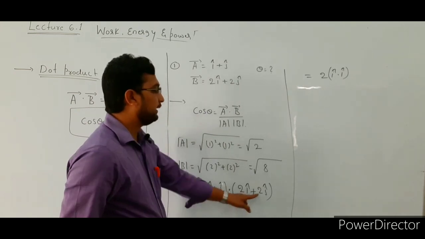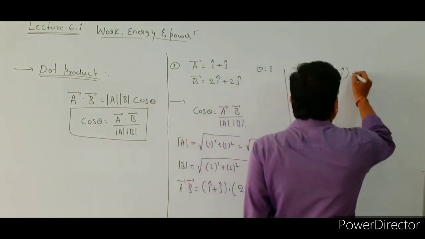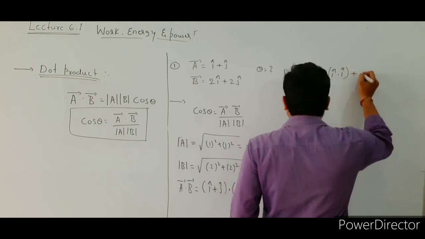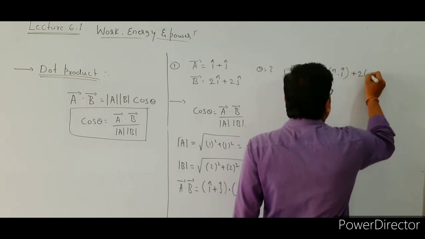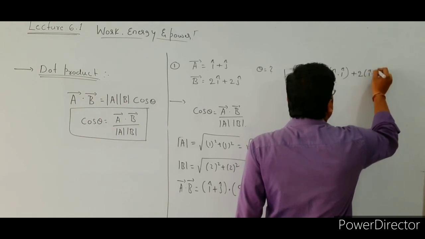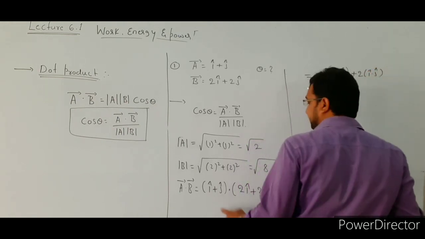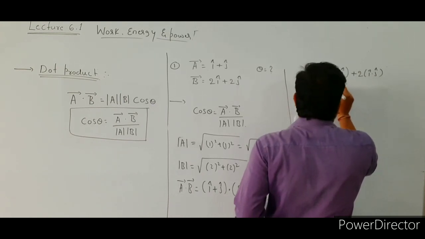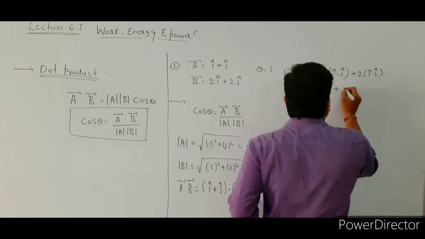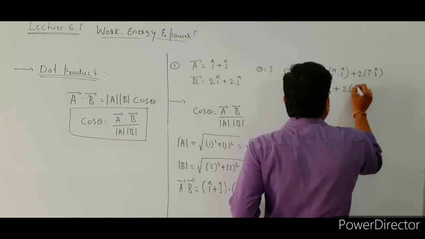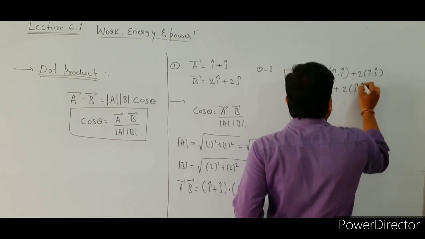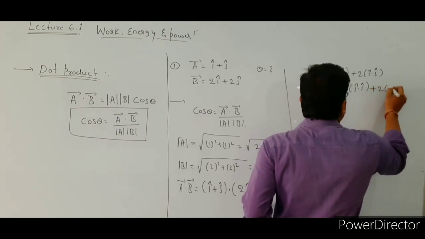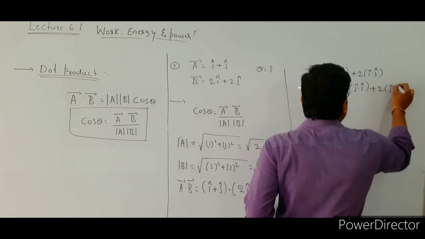Next, i cap into 2 j cap, plus as it is, 2 i cap dot j cap. Next one, j cap dot 2 i cap, plus as it is, 2 j cap dot i cap. Next same, plus 2 j cap dot j cap.